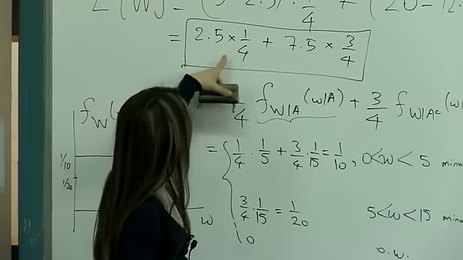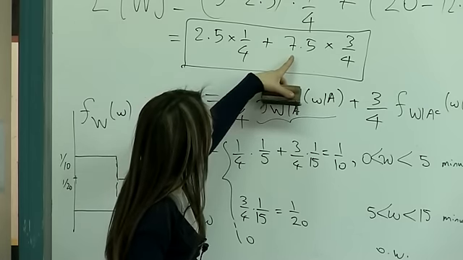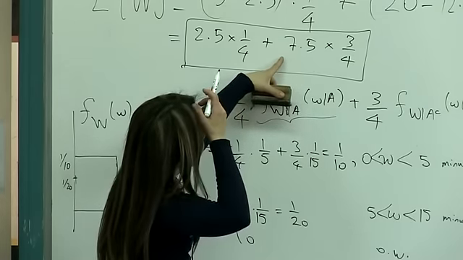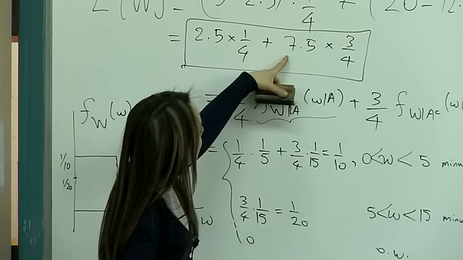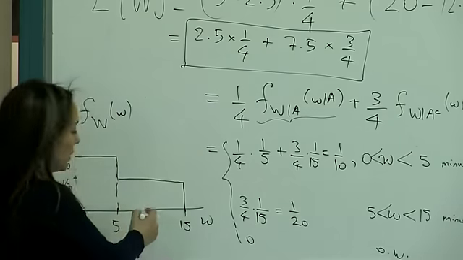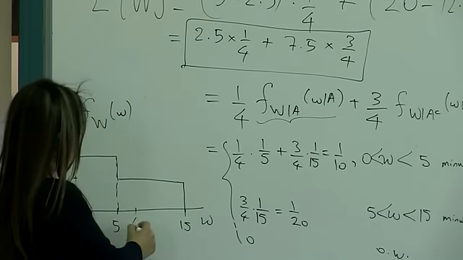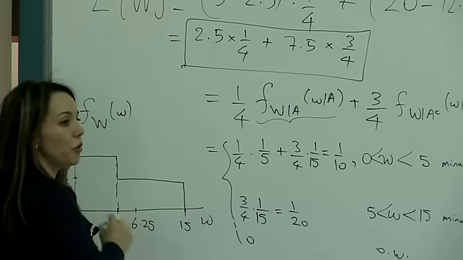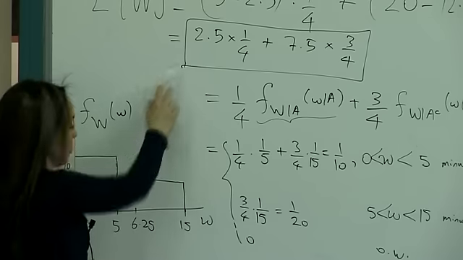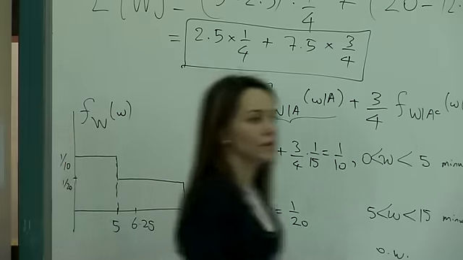Roughly 0.6 plus, what is this? 7.5 divided by 1.4. Around 8-ish, right? Somewhere around here. 625. Show for yourself that you can find this expectation from this PDF as well. Okay?